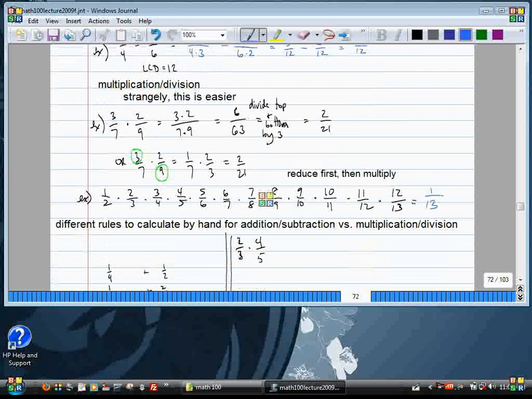Well, let's see. So here's the pie, and it's got a 1/4, and here's the pie that's got a 1/2.